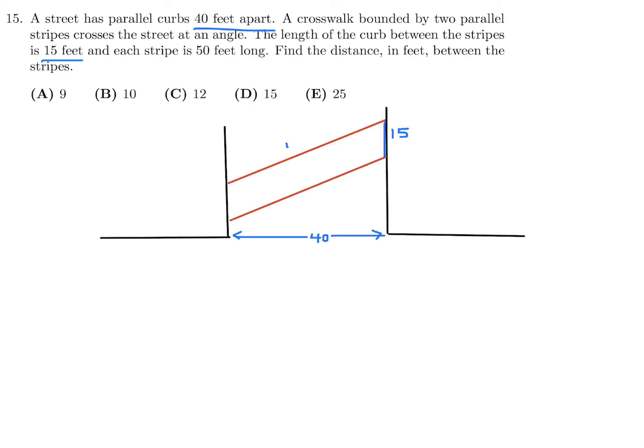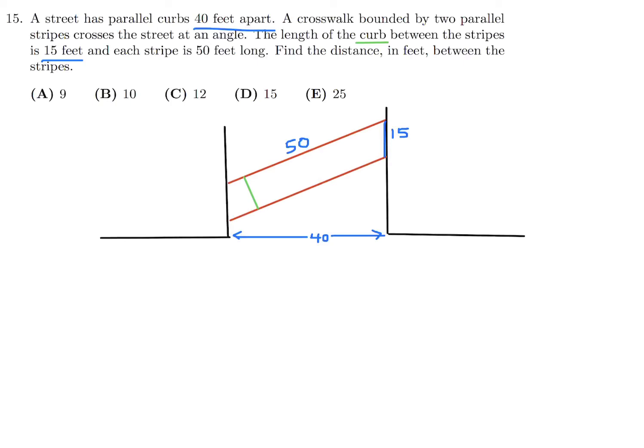So the stripe, the red line that I drew, is 50 feet in length. Find the distance in feet between the stripes. Okay, so that obviously is referring to the distance from here to here, like that. Yeah, because the other distance is 15, and that is the length of the curb between the stripes.